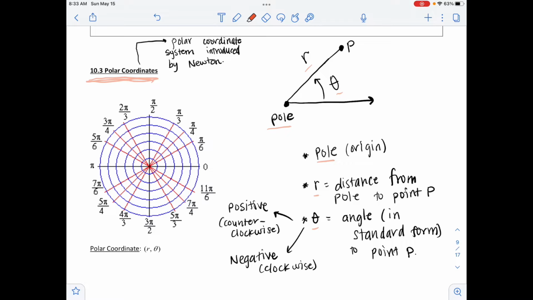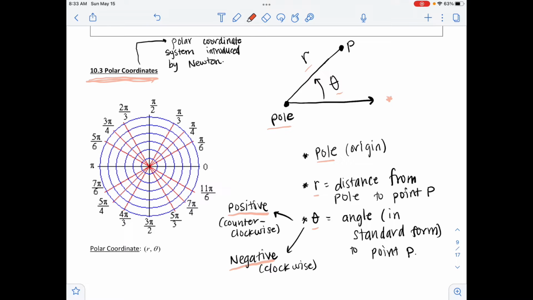What standard form means is that your initial side that makes this angle down here is going to be on the positive x-axis if you think about it with our normal coordinate system. And you can see too that theta can either be positive or negative.